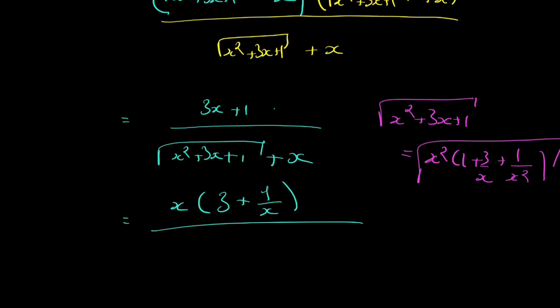I can do this, and this thing would be equal, because we have a big x, to x. So we have a big x, so we do not have to write absolute value of x, equal to x times square root of 1 plus 3 over x plus 1 over x squared.